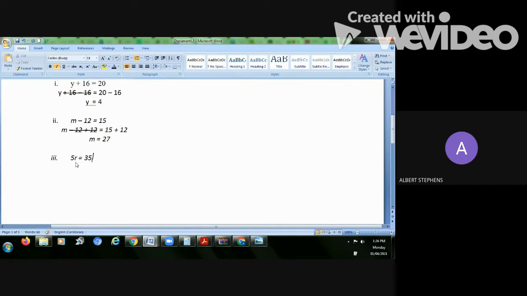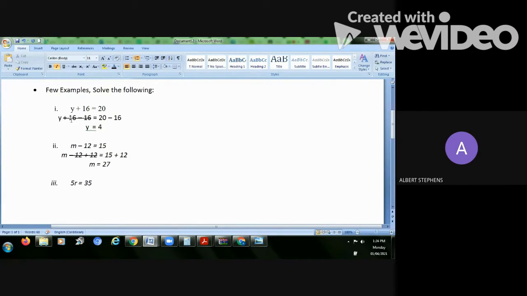What does 5R mean? 5 times R. So here we're going to know: when we have a plus, we subtract to solve it. When we have a minus, we add to solve it. So when we have a multiplication, what do you think we're going to do? We divide.